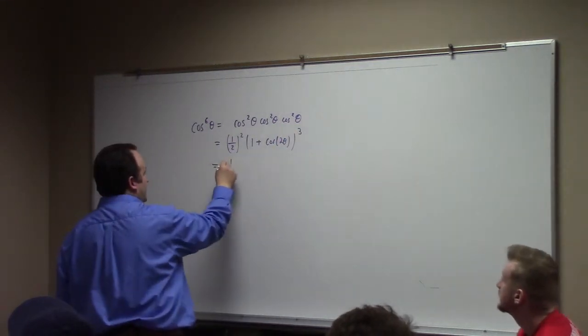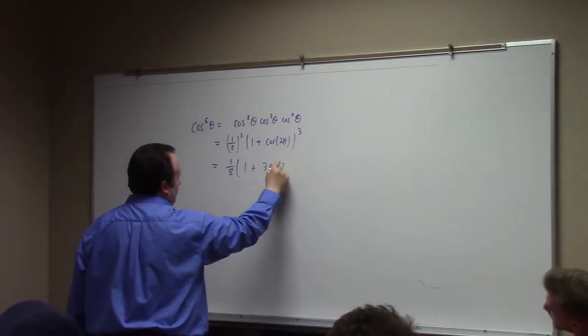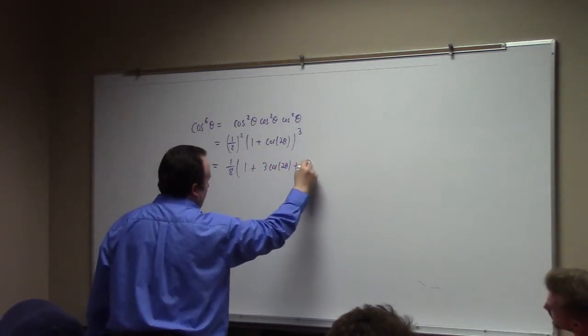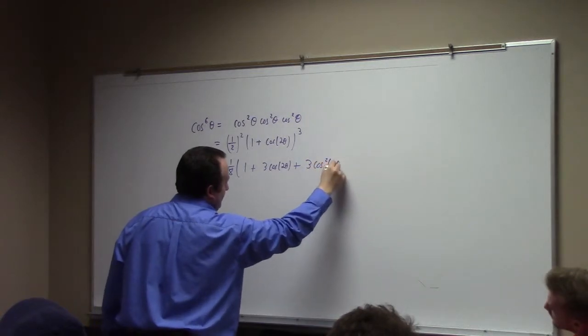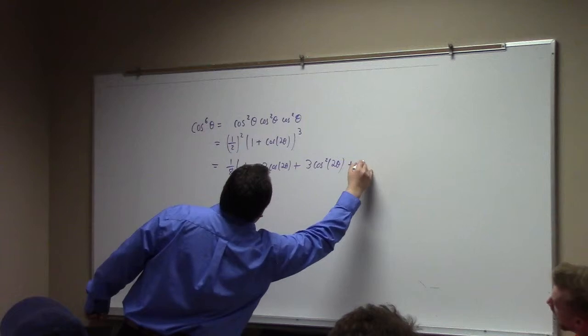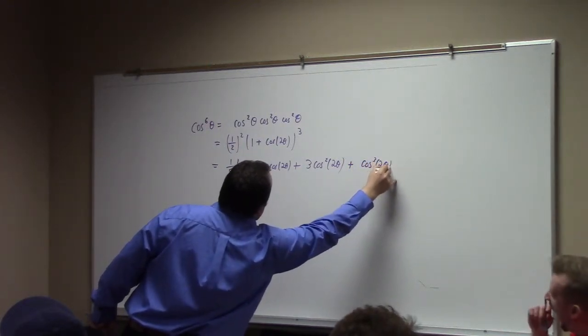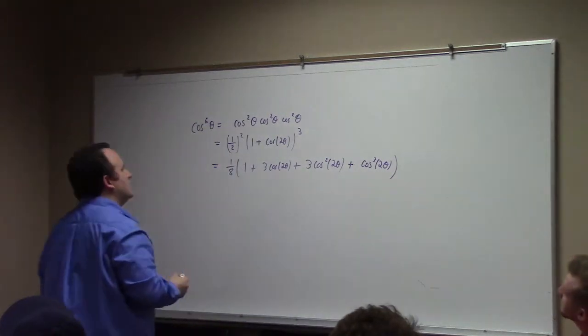Which is 1/8 of 1 plus 3 cosine 2 theta, plus 3 cosine squared of 2 theta, plus cosine cubed of 2 theta. Is that right?